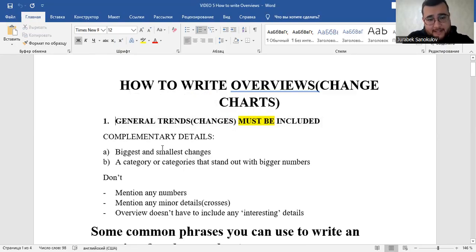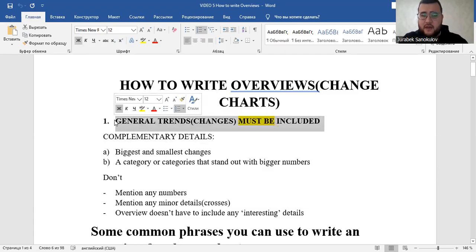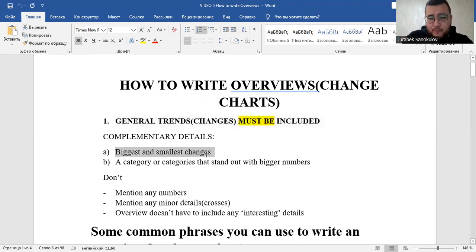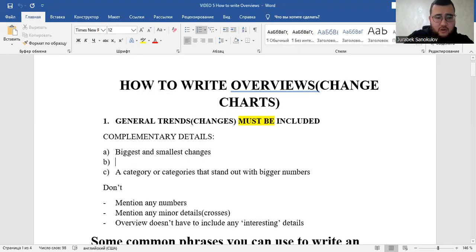So after this, then you can include some complementary details. Usually including the general changes may not be enough. Yeah, there might be other key features of the graph. So what you're going to do is this. Yeah, you can mention the biggest and smallest changes, or let's just add this.